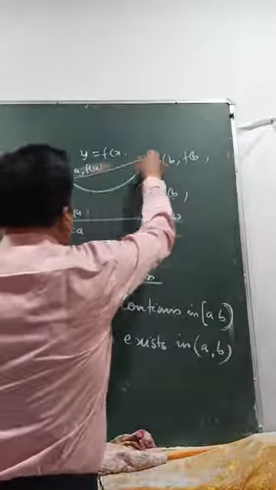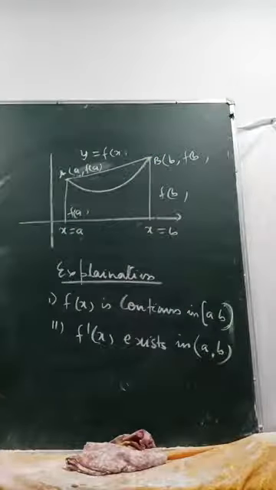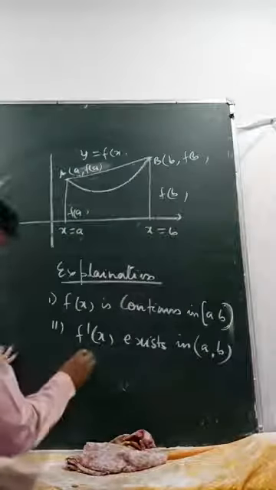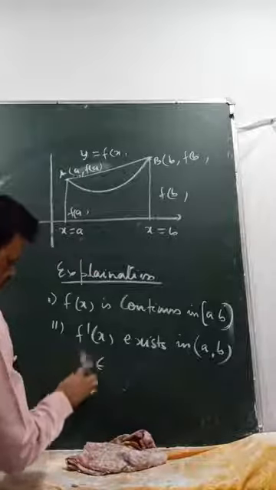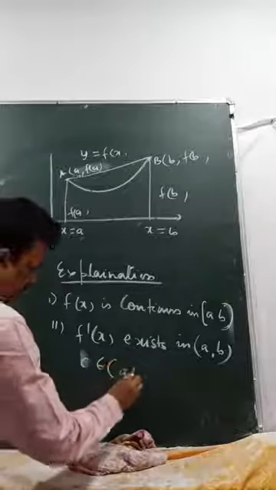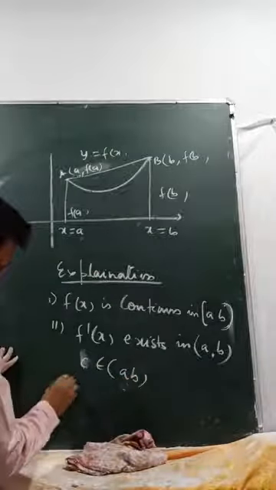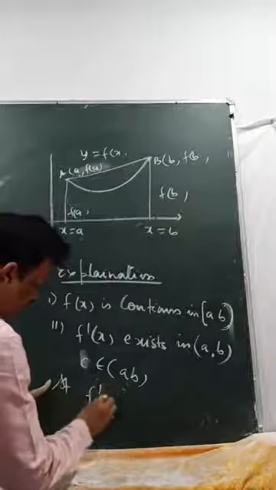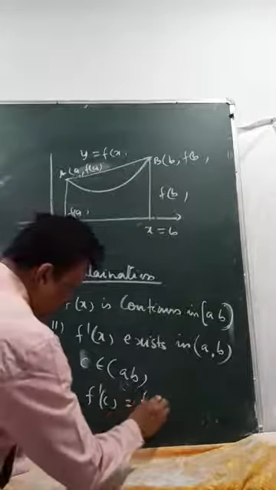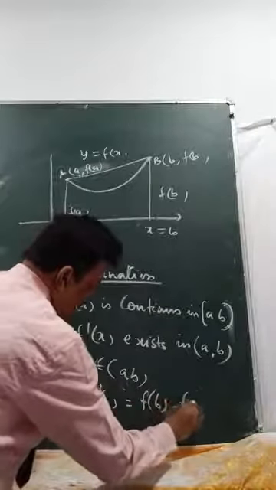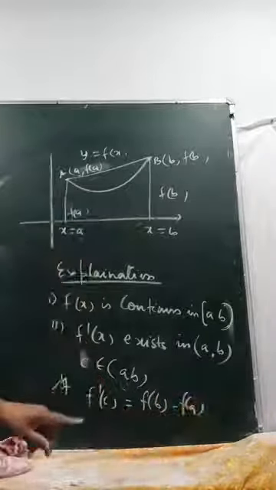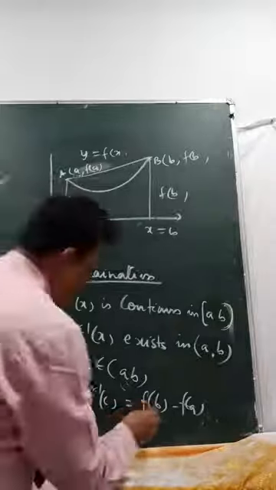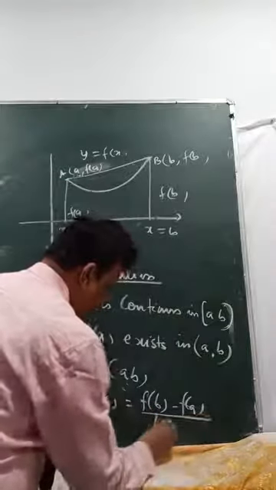If I join this, there exists a point c belonging to (a, b) such that f'(c) equals (f(b) minus f(a)) by (b minus a).